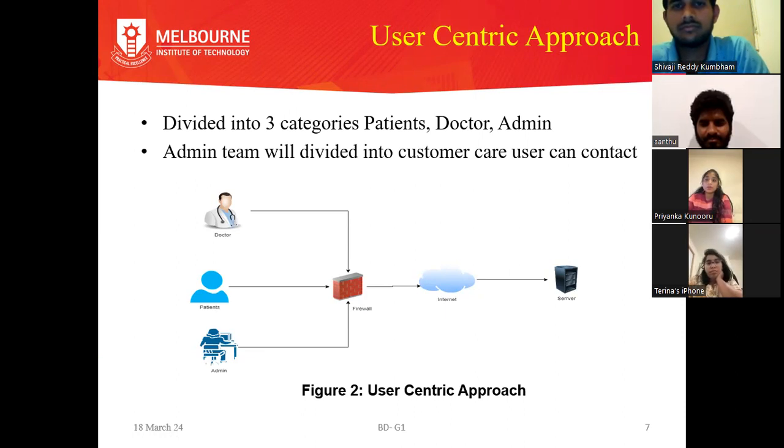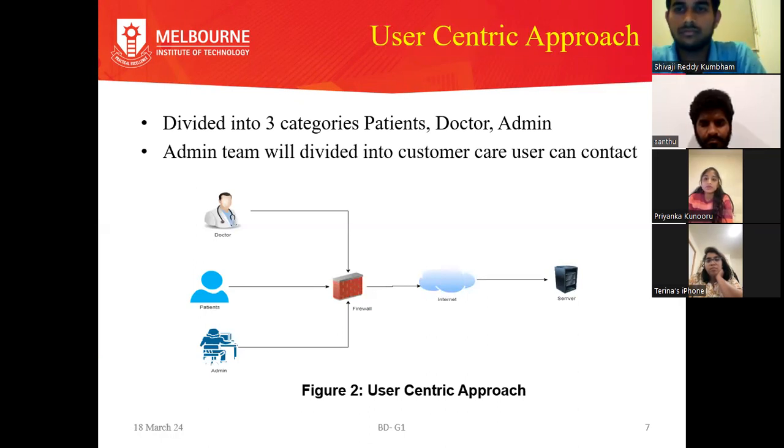Patients will interact with the application for solving their concerns, doctors and nurses will interact with the system for solving concerns raised by the patients, and the administrative team will help in the management of the application as well as the management of the user profiles related to the application.